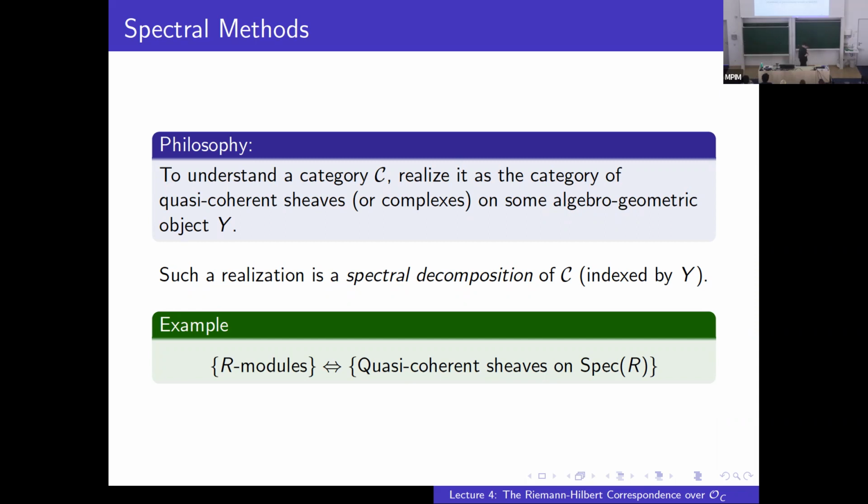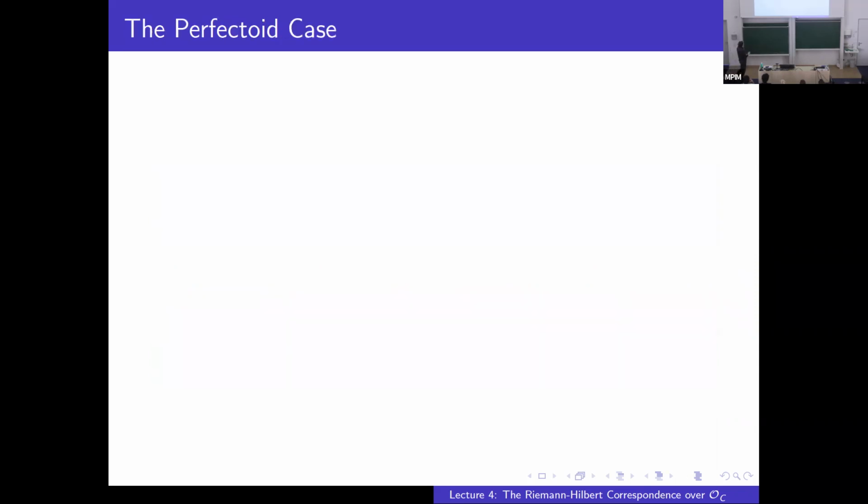So an observation that a friend of mine once made to me is, there's one thing in mathematics that we actually understand, which is linear algebra. And the rest of mathematics consists of a bunch of clever ways that people have found to reduce their problems to linear algebra. And so in this context, that funny way is to think about spec R.